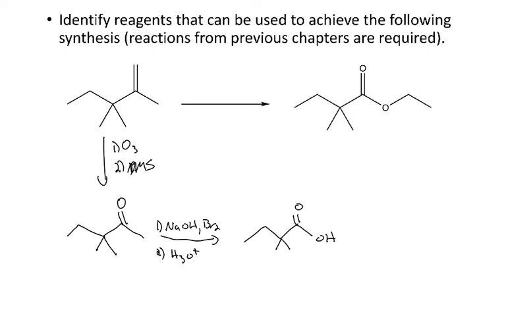And then the last step from last chapter, if I do a Fischer esterification, and I want to add 2 carbons, so the alcohol I want is ethanol. And that is how I can accomplish this synthesis.